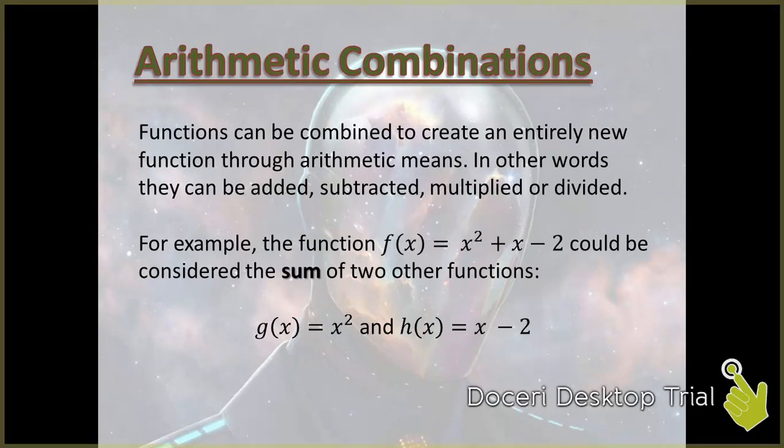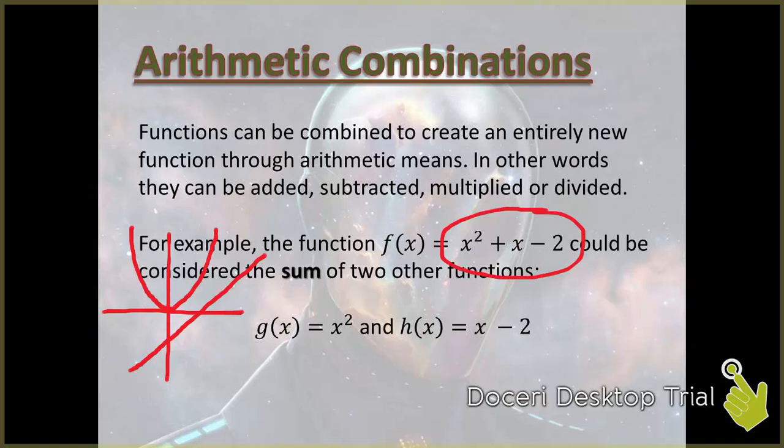And if you were to take the graph of x squared and the graph of x minus 2 and add the two of them, it would give you this exact graph.